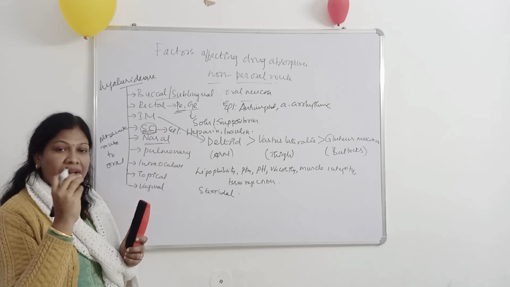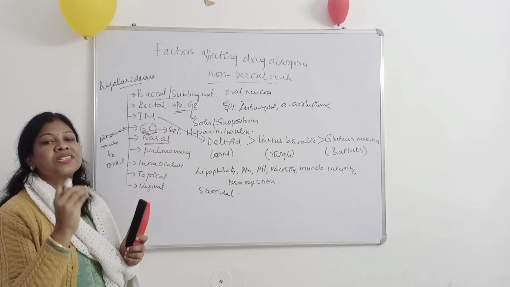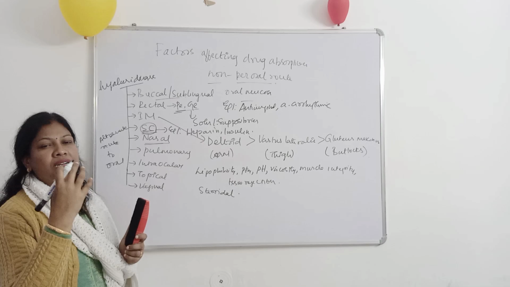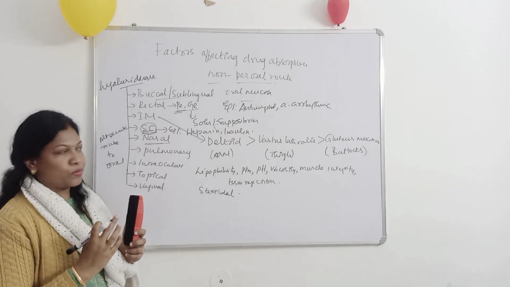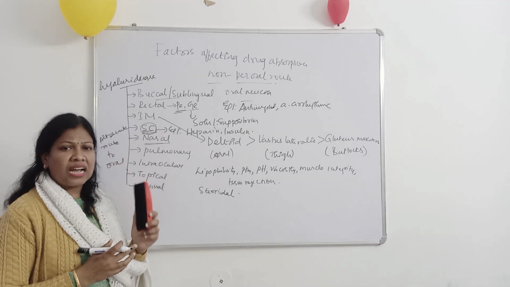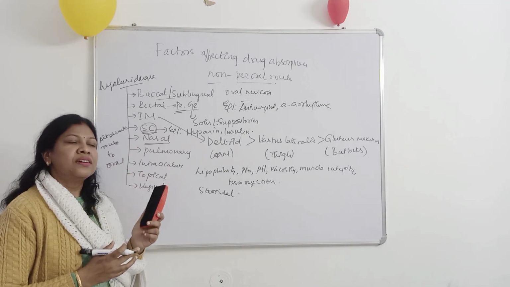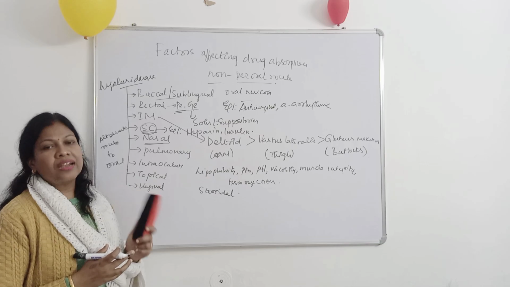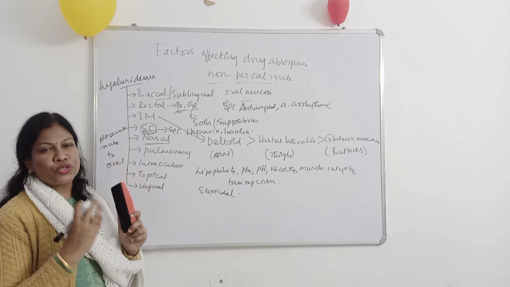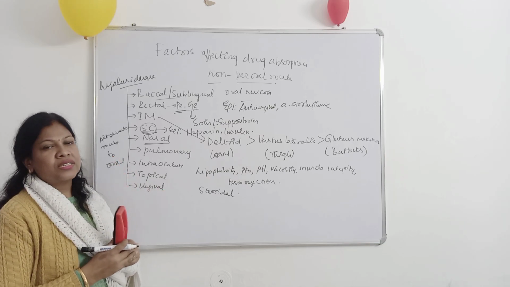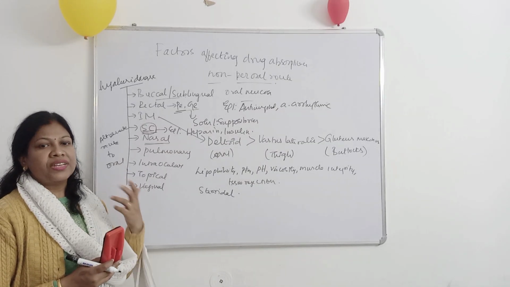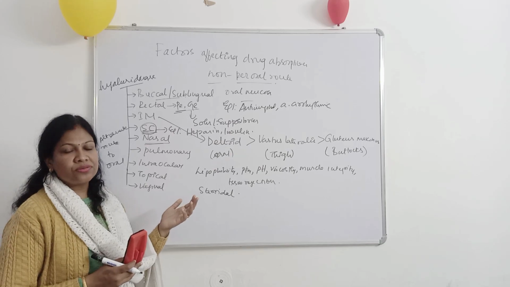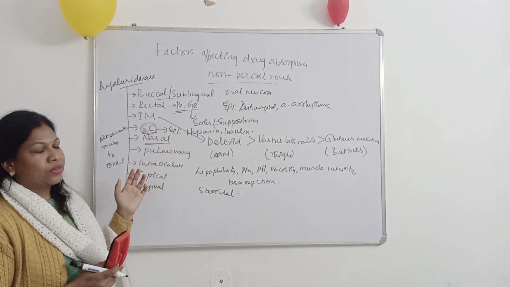Then you have to include a permeation enhancer to permeate the drug through nasal absorption. And drugs which are hydrophilic and less than 50 Dalton in size can use the aqueous pores for transportation of drug. So apart from lipophilicity, pKa and the nasal pH, molecular size also affects nasal drug absorption.